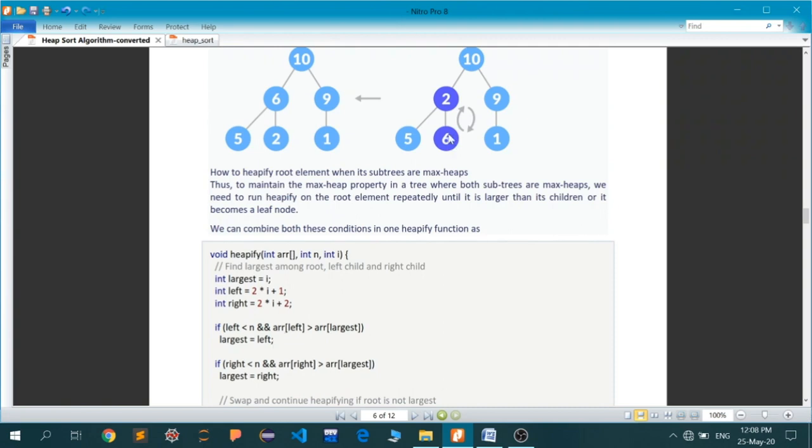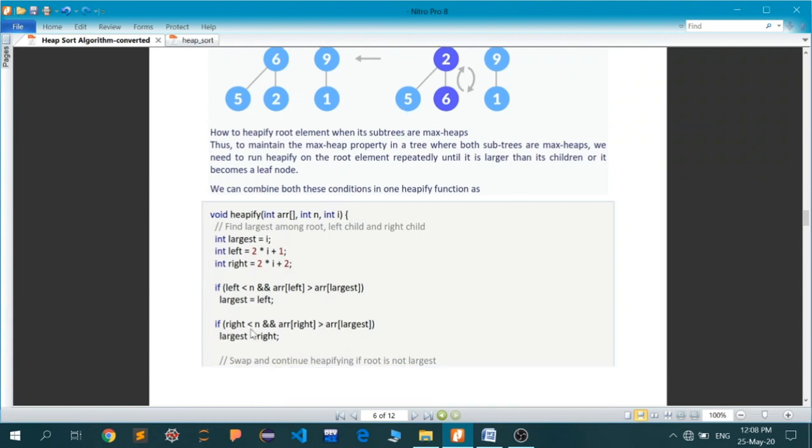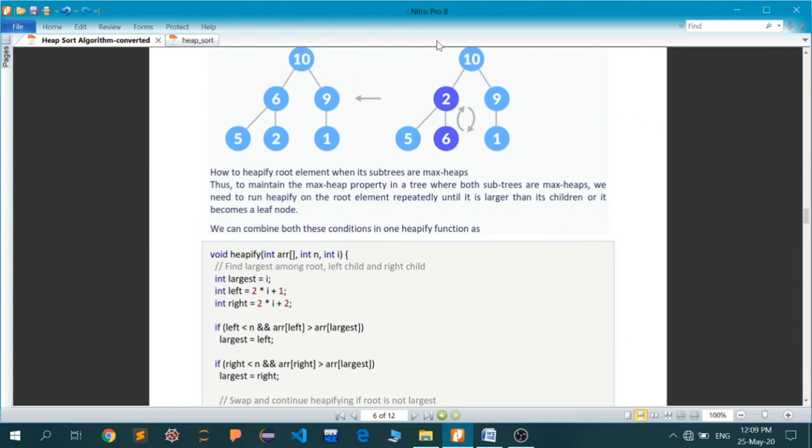That is, the pointer which is indicating the index of the largest element of all these is now pointing at 5. Next, again, first we will see if the right child exists or not, and then if the element at the right hand child is again greater than the largest. As you can see, in the first step, this particular if clause, we have already done that.